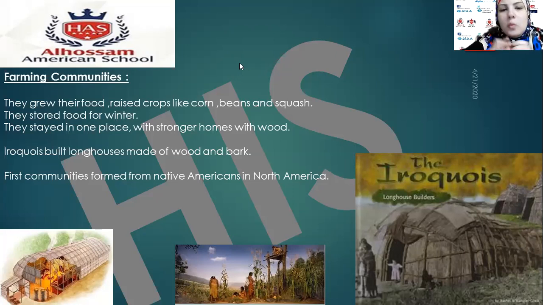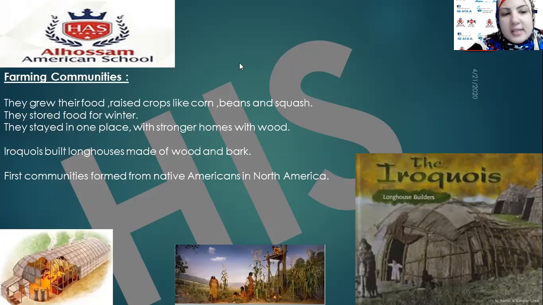Now we are moving to the farming communities. What are the farming communities and what are they going to do? Farming communities grew their food, raised crops like corn, beans, and squash. They stored food for winter. They used to collect the grains or the crops and store them for winter.